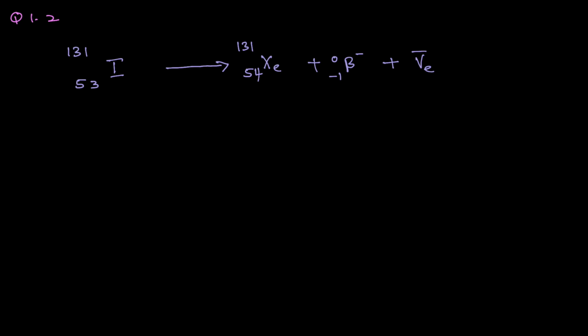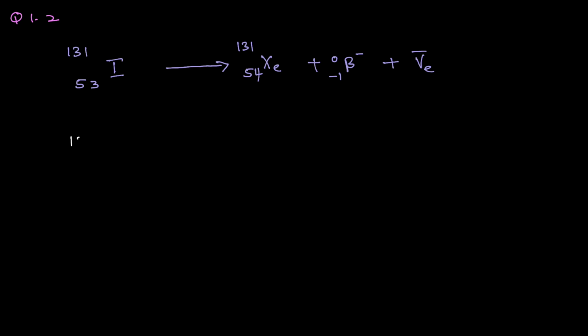So that's how we work that out. 54 plus minus 1 is 53. So that's 53 here, 53 there, so that's balanced. The question is, state the nucleon number of xenon. So the nucleon number of xenon is 131.